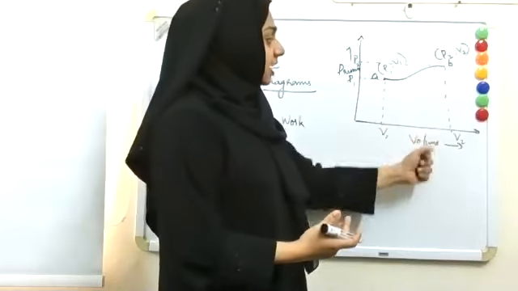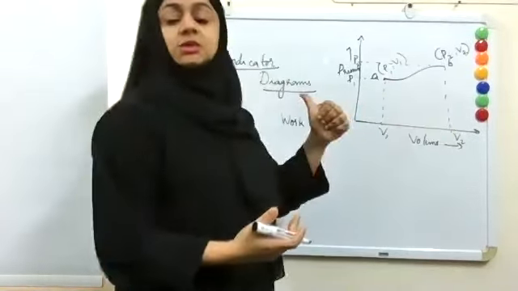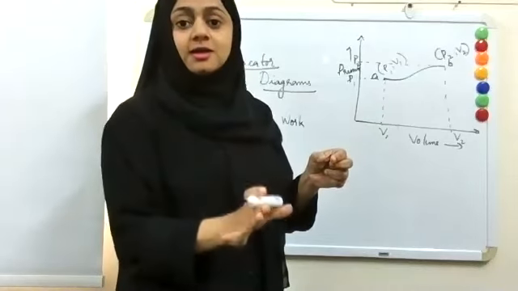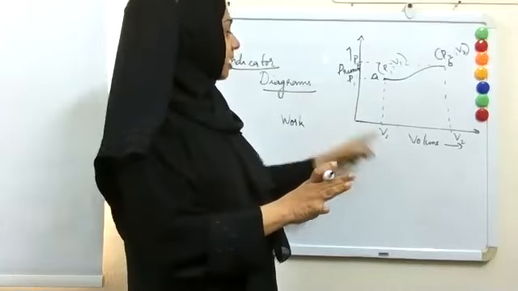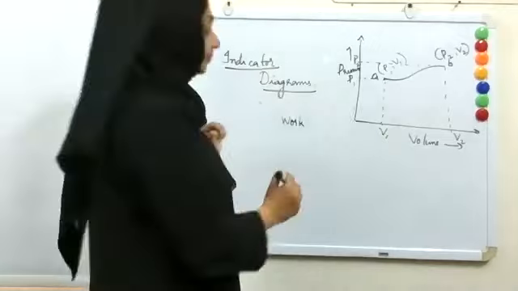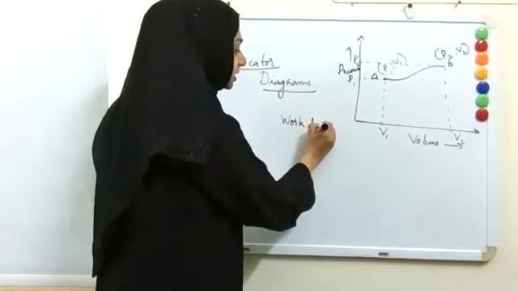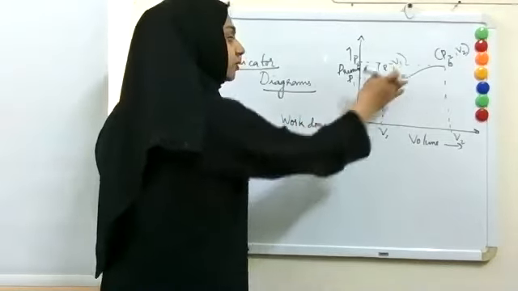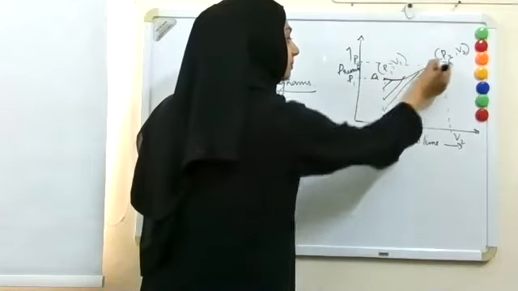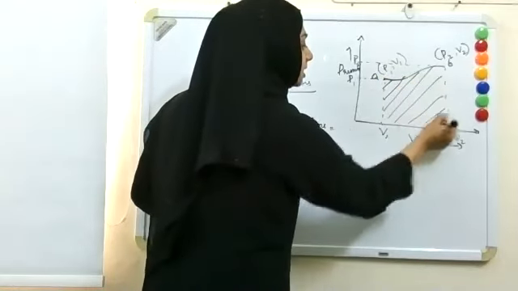During that time, the work done by the system is given by the area under the PV diagram or the indicator diagram. So the work done in this case will be equal to this area, the area marked like this.